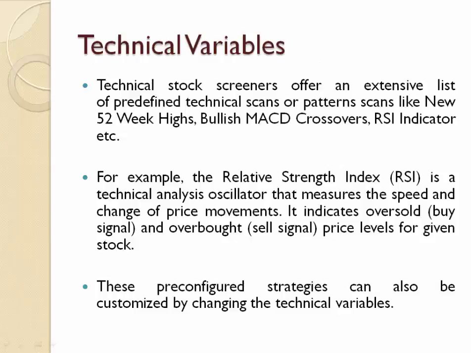Now, technical variables. What technical variables can we use to screen companies based on technical indicators? A few of them are 52-week highs, bullish MACD crossovers, RSI indicators, etc. For example, RSI, which is the Relative Strength Index, is a technical analysis variable that measures the speed and change of price movements from the price chart.